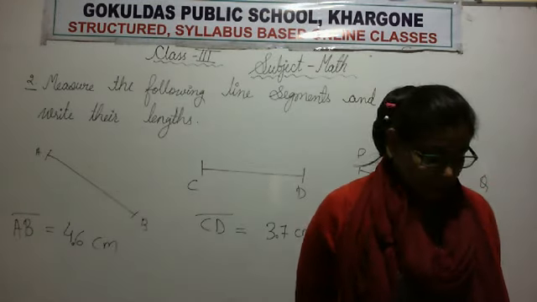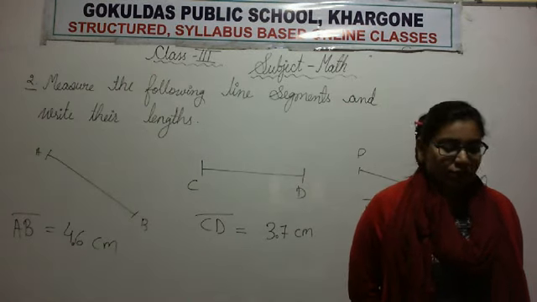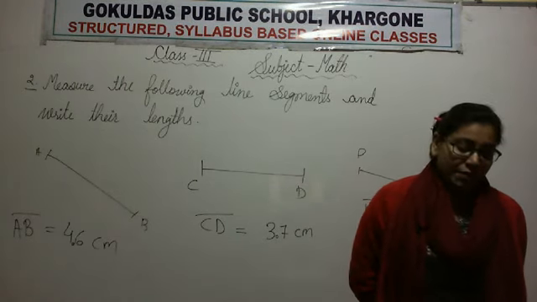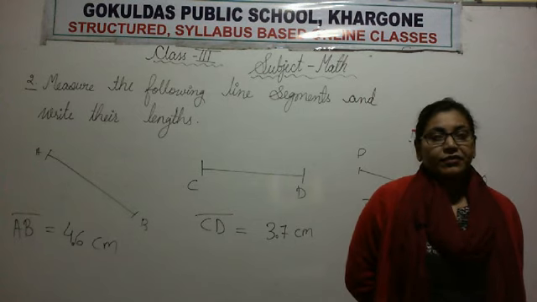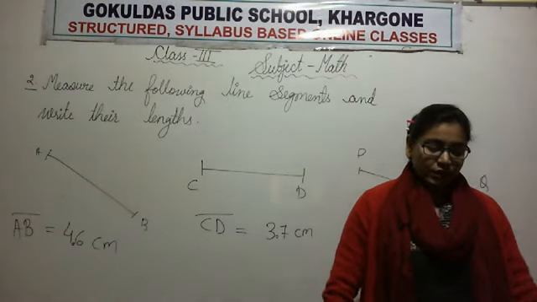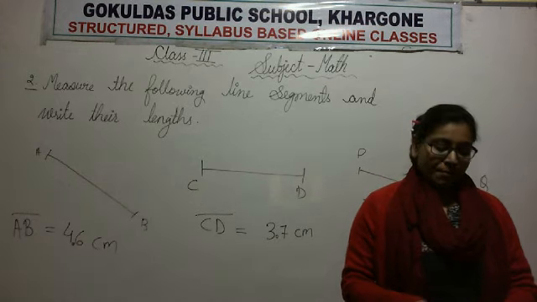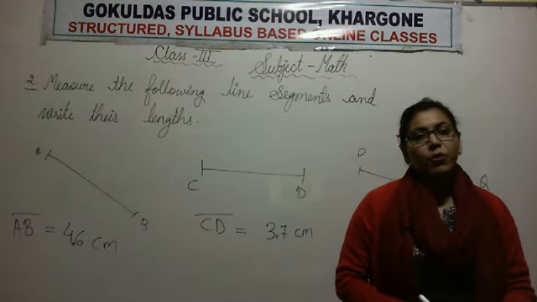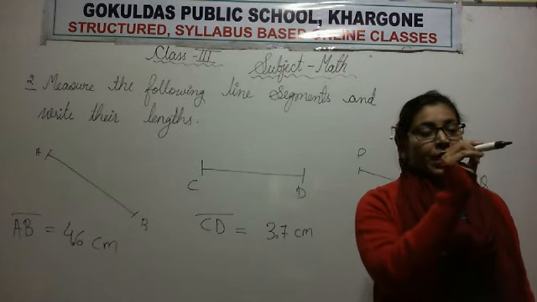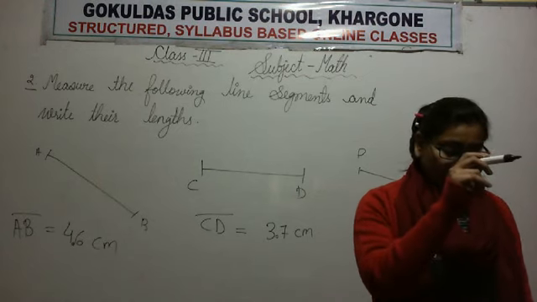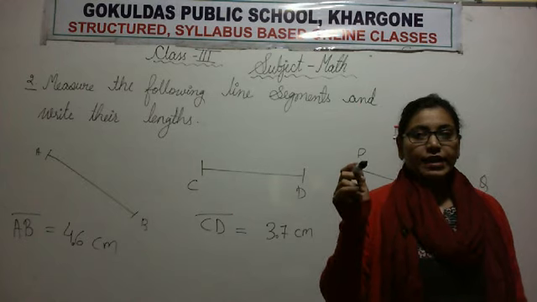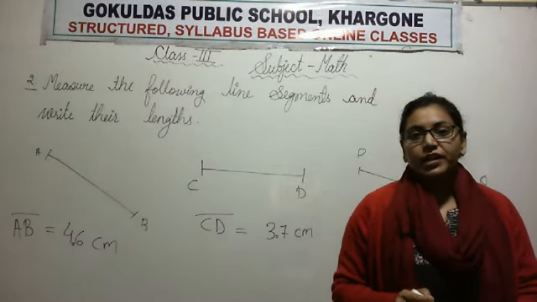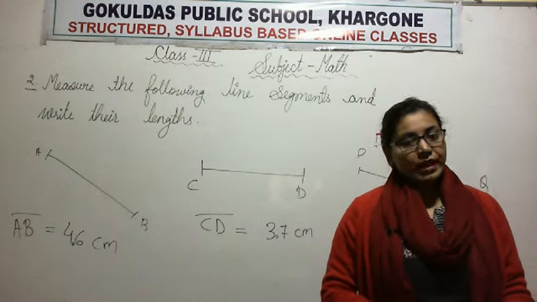Now in question number 3, draw the line segments of the following length. See, the vice versa of question number 2. In question number 3, the lengths are given. So what you need to do? Just put a scale on the copy. Suppose the first line segment AB is 7.5 centimeter. Make a mark at the start of the scale and make the second mark at 7.5 centimeter and run the pencil over it. So this is how you will be able to make line segments.